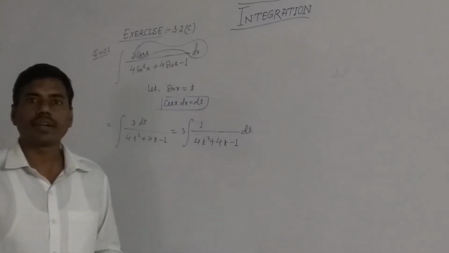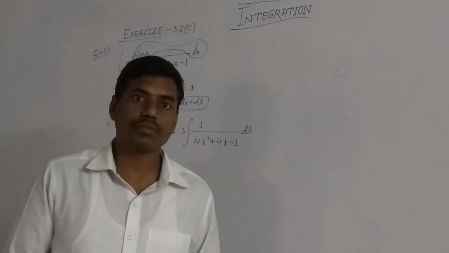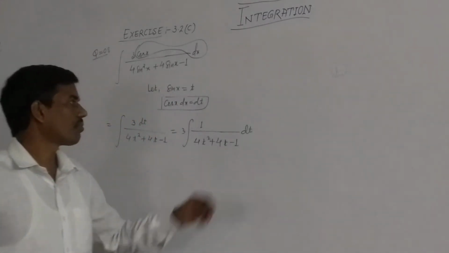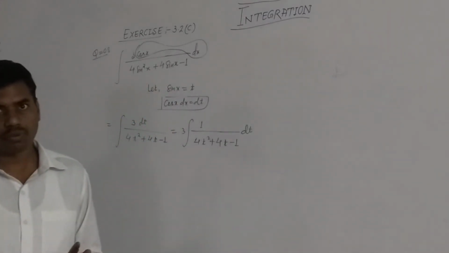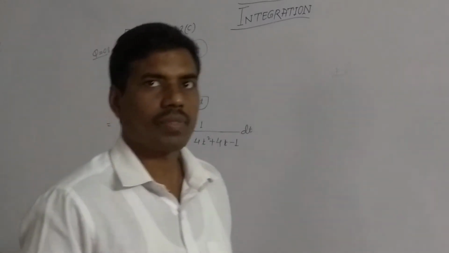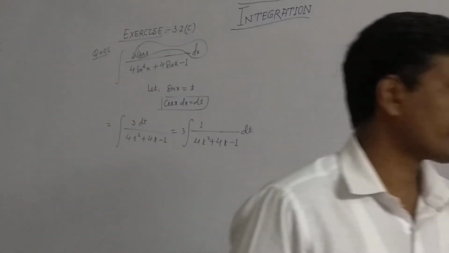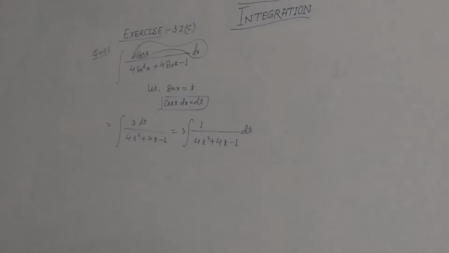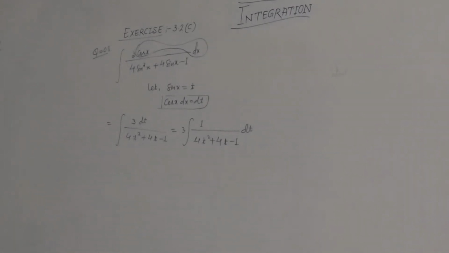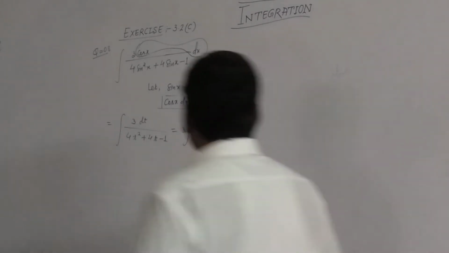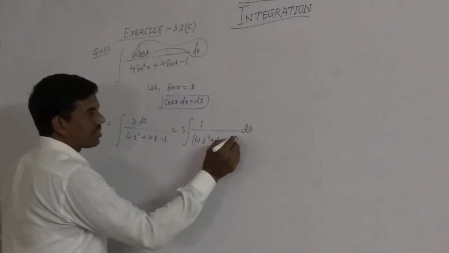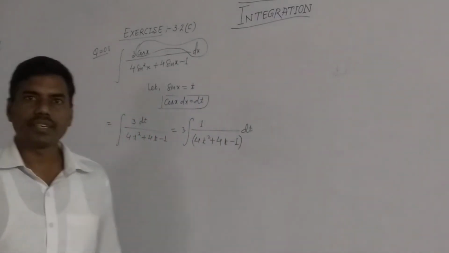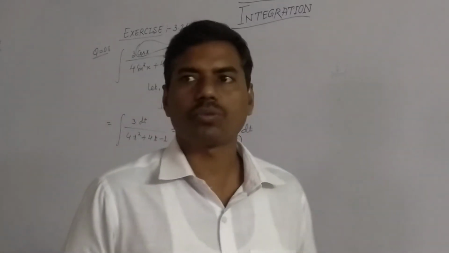A quadratic expression in t, that is 4t square plus 4t minus 1. Now you can solve this quadratic expression in t using the perfect square method.